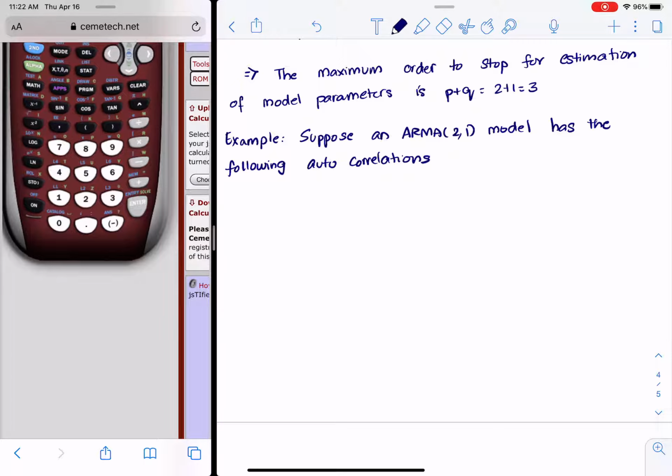Suppose an ARMA 2-1 model has the following autocorrelations, and rho 1 is 0.98, rho 2 is 0.72, rho 3 is 0.61, rho 4 is 0.52, and we want to find or estimate the model parameters.